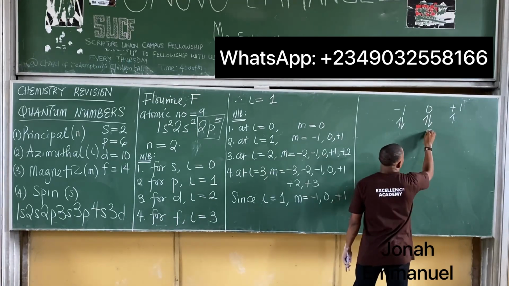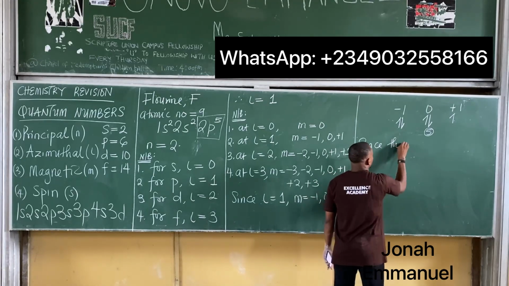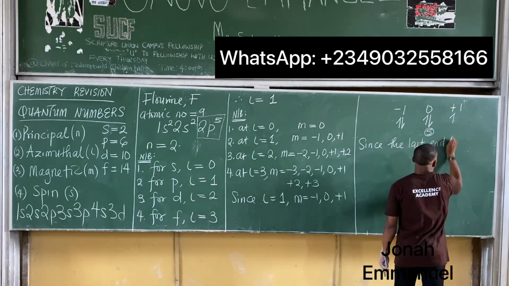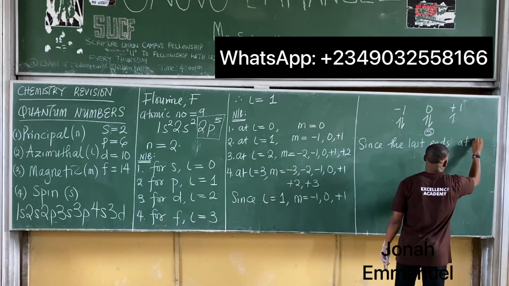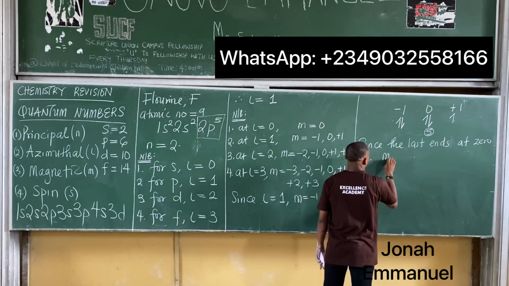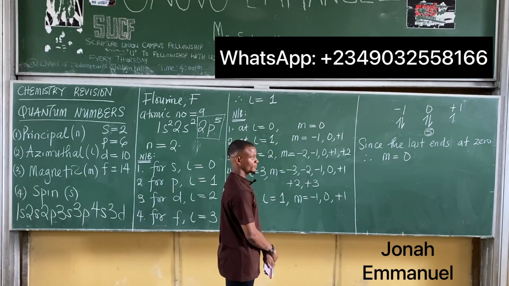Observe that 5 ends at 0. So since the last one ends at 0, therefore the magnetic quantum number is equal to 0. That's all.